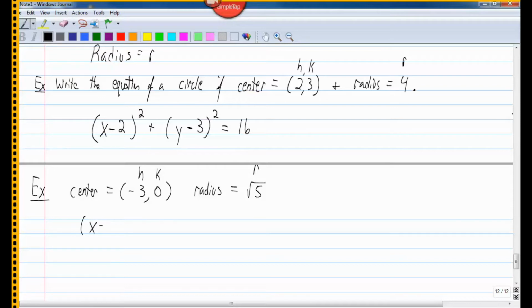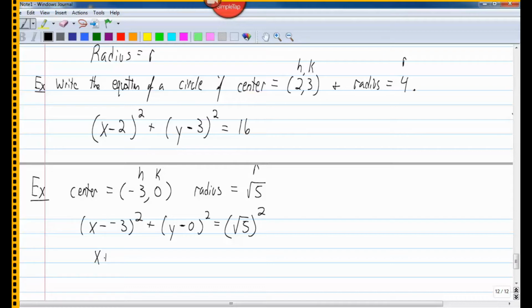So (x - (-3)) squared plus (y - 0) squared equals the square root of 5 squared. Remember, whatever the radius is, you have to square it to write it down like this. Alright, so I have x minus -3.